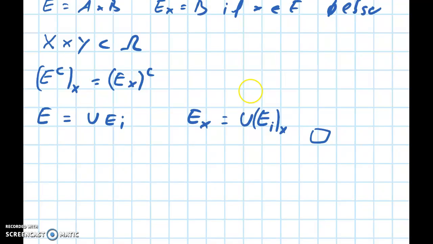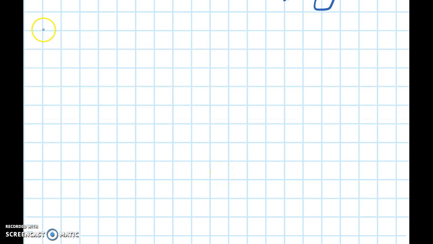Now we need another definition. We define monotone classes.